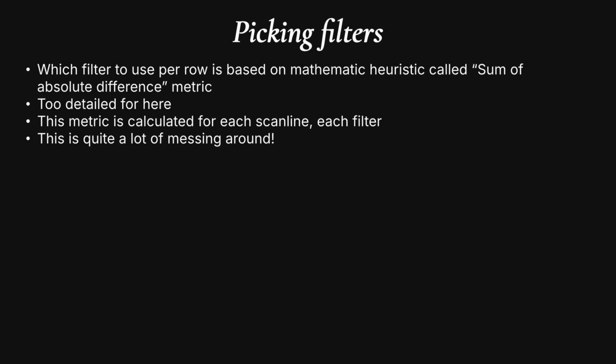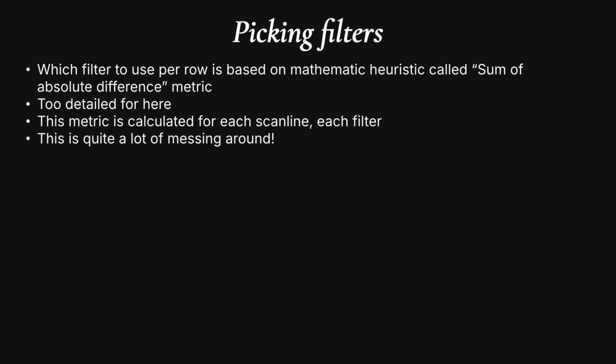So you measure this thing called the sum of absolute difference for a particular line, and each of those values will point to a specific one of our filters. The reason I'm detailing this in particular is because this thing is not mathematically perfectly related. Like I say, it's a heuristic.